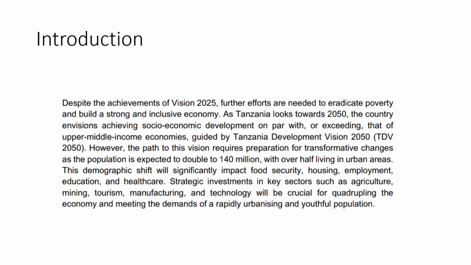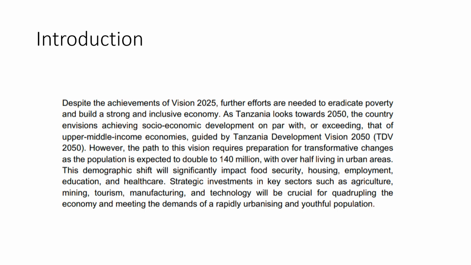So the country envisions achieving socio-economic development on par with or exceeding that of upper middle income economies, guided by the Tanzania Development Vision 2050. So as I said, a development vision sets a standard. So we want Tanzania to reach upper middle income economy by 2050.